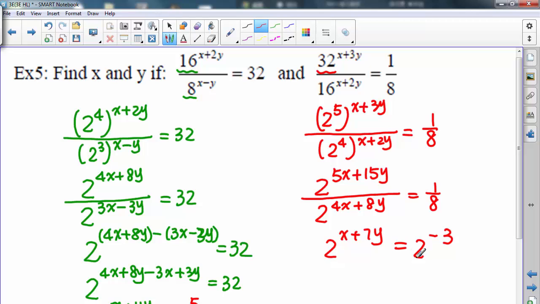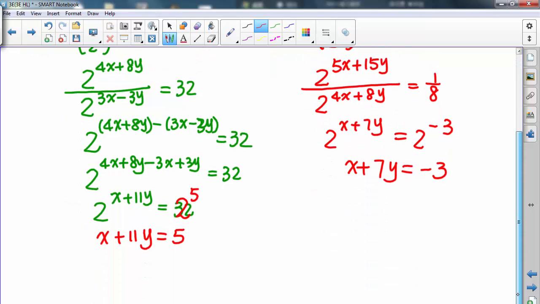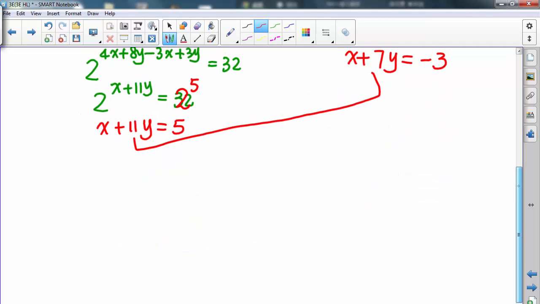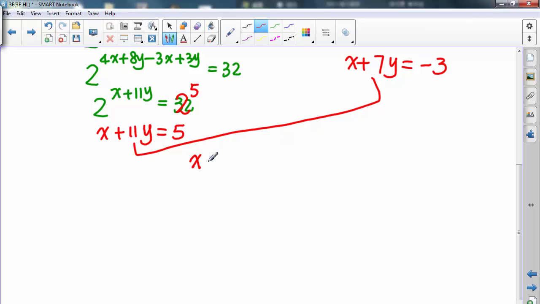Therefore, you have powers on both sides of the equation with the same base, so their exponents should be equal. Right now, we see two linear equations. I want to form them into a system of equations.